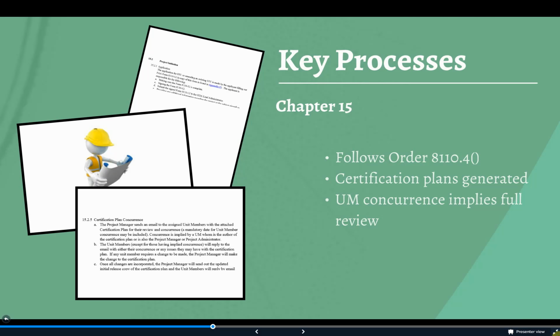The biggest portion of the manual, and some may say the most important, is captured in Section 15. These are the procedures that describe how Westar initiates, plans, conducts, and closes out all of the STC projects the ODA is involved with. The intent is that the identified procedures follow the certification process defined in FAA Order 8110.4.